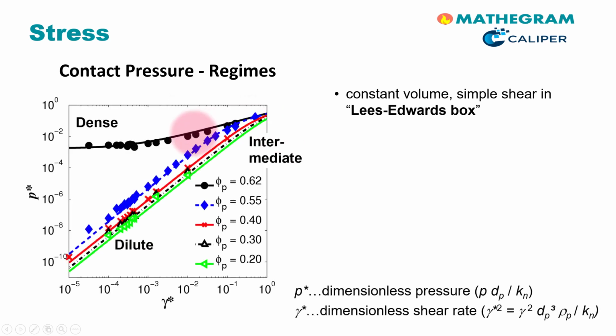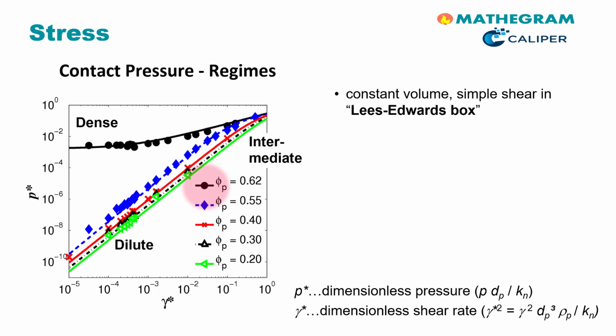The pressure response from such shear simulations is shown here on the left. Note that the different symbols and colors refer to different particle volume fractions phi p and hence indicate different concentrations of particles in the box.